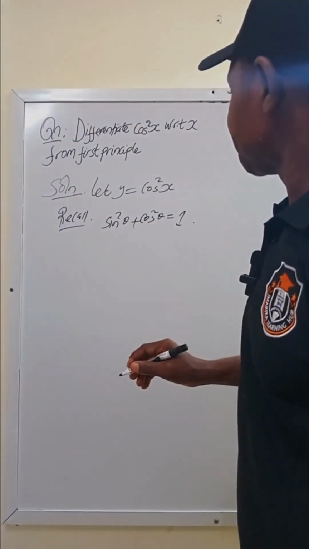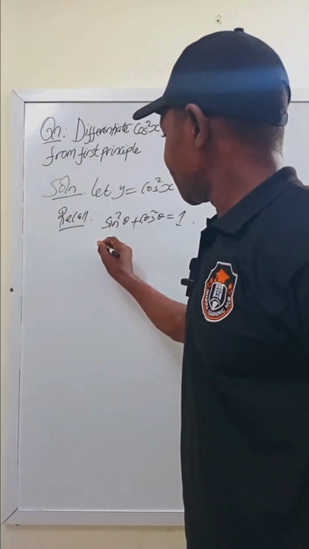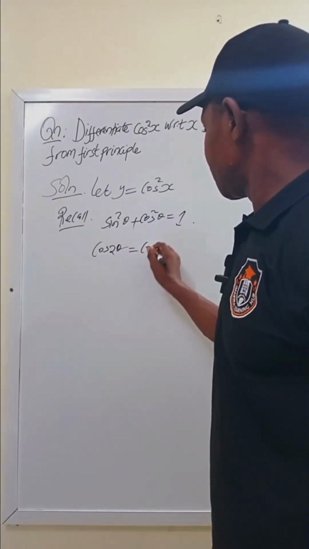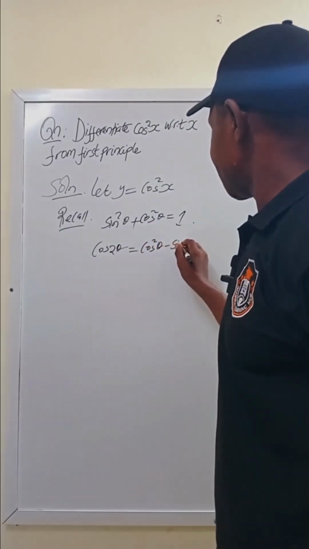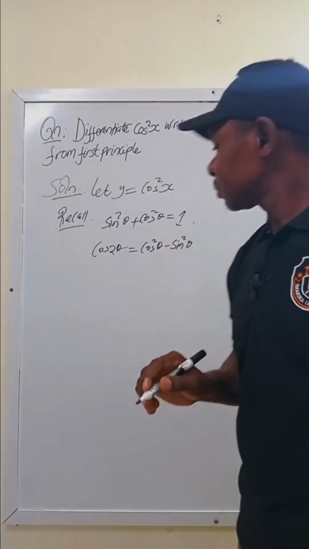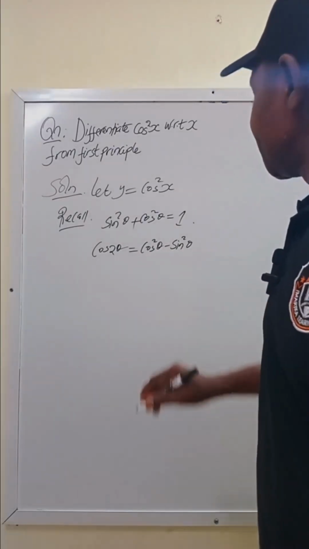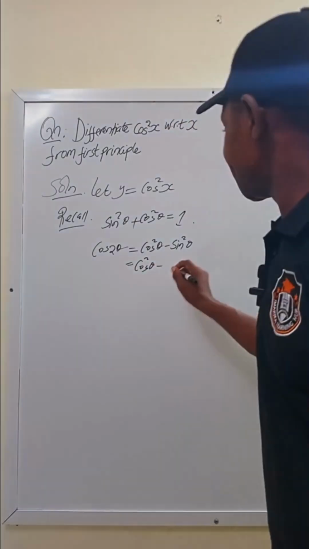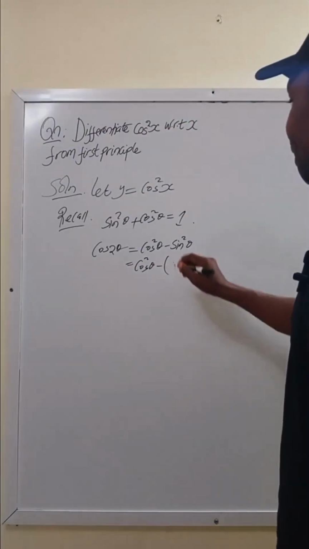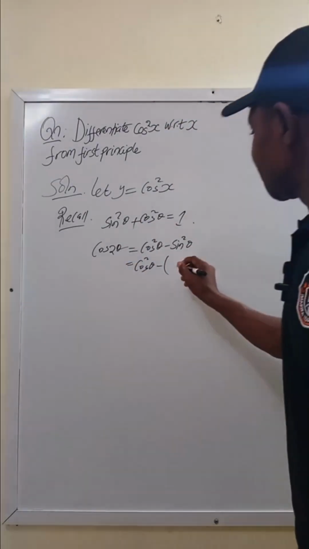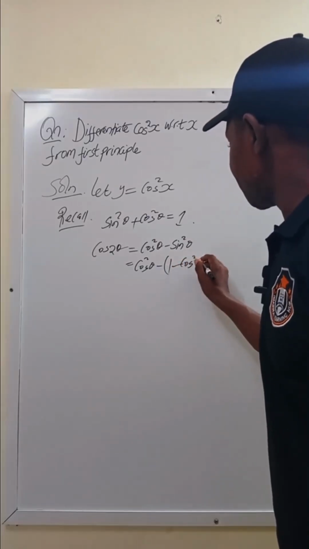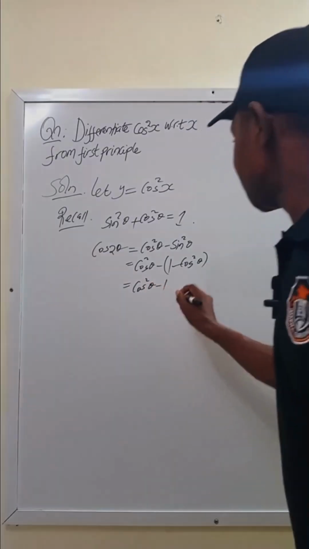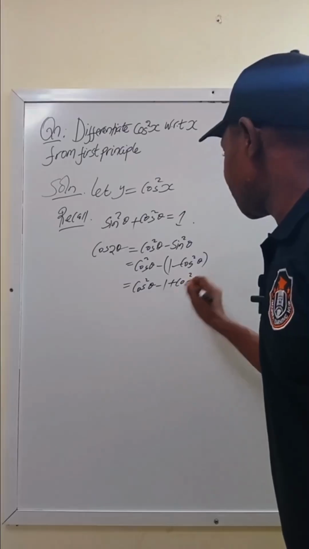Then the second one is that cos 2 theta is equal to cos squared theta minus sine squared theta, of which from here we get cos squared theta minus, in bracket, sine squared theta. Now let's use the first concept for this sine squared theta. So it will be 1 minus cos squared theta, which gives us cos squared theta minus 1 plus cos squared theta.